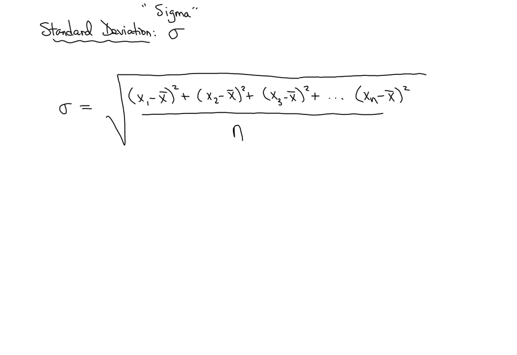So n is the number of pieces of data that we have. And each one of those x's with a little number after it, the x1, x2, x3, represents one of our pieces of data.